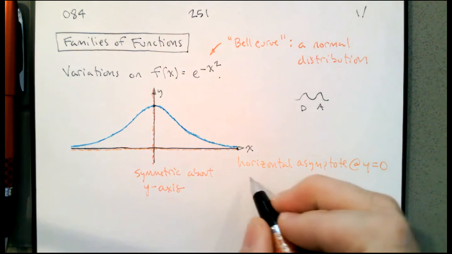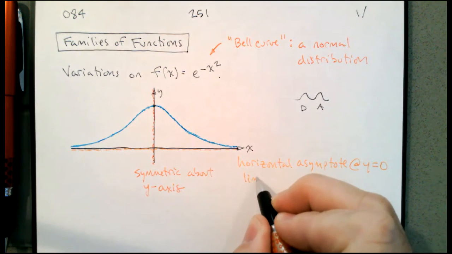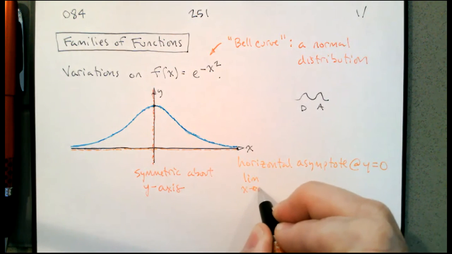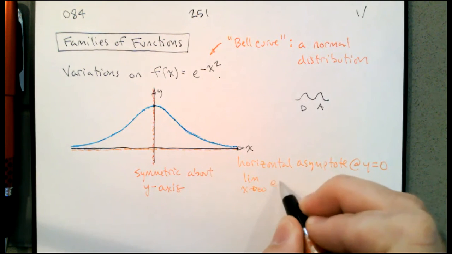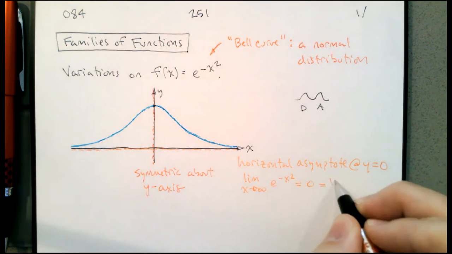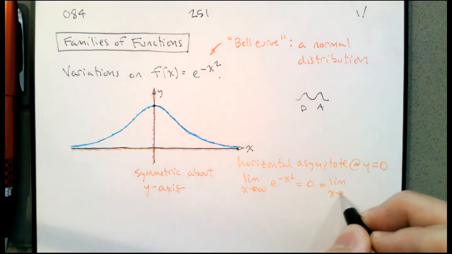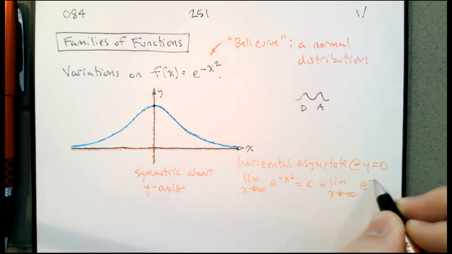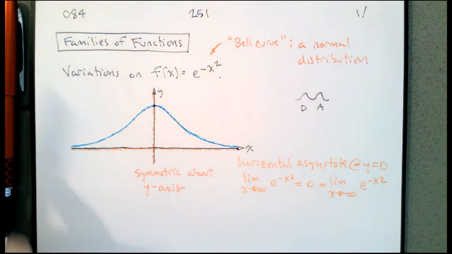What that means is that the limit as x goes to infinity of e to the minus x squared is equal to 0. And that's also the limit as x goes to negative infinity. So that's what, in terms of limits, we mean when we see there's a horizontal asymptote.